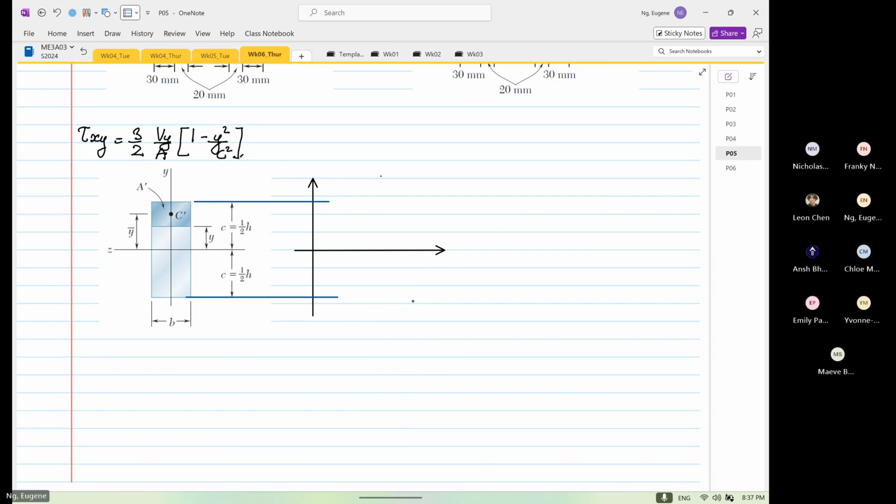So this is our shear xy, and this is our y direction.